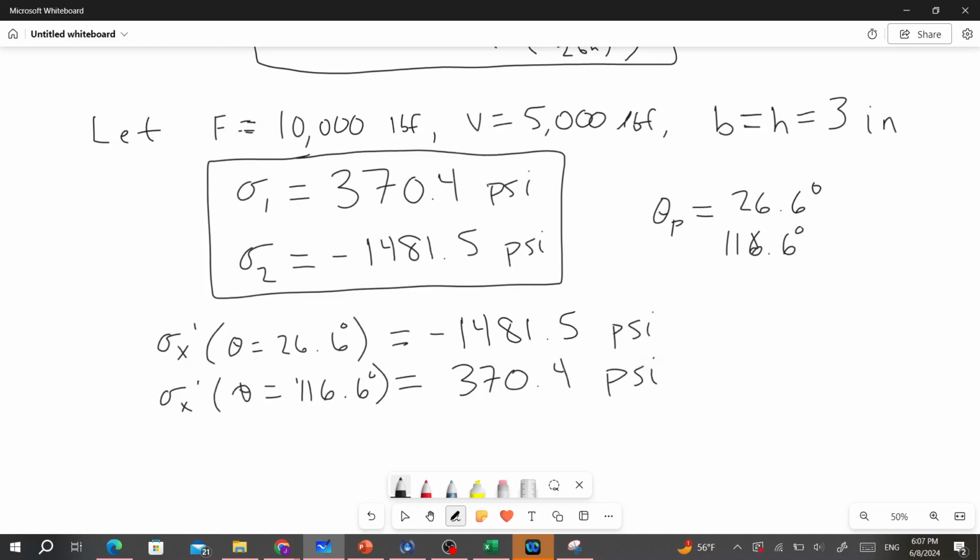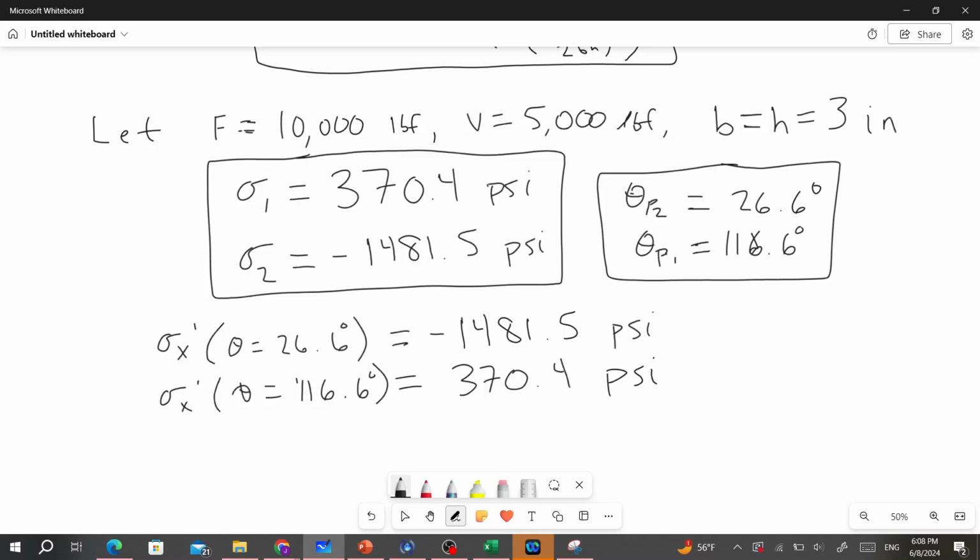Alright, so what that tells us, let's go back up here, that tells us that theta P1, so that's the principal angle corresponding to the max principal stress, is 116.6 degrees. Theta P2, the principal angle corresponding to the min principal stress, is 26.6 degrees. Okay, so the only way to know that is you've got to go back and test your angle in the stress transformation equation to figure out if that's the angle for the maximum principal stress or the minimum principal stress.